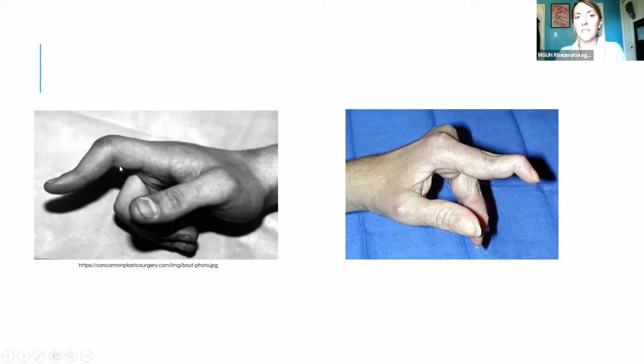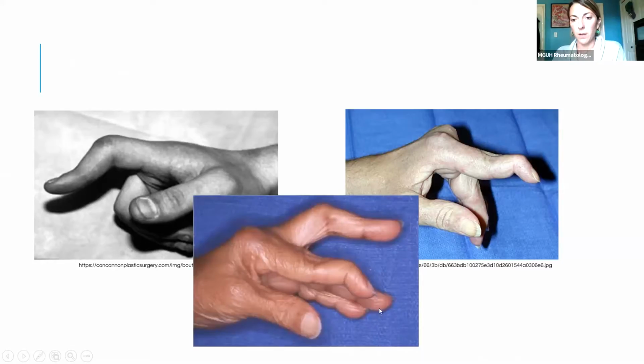You can imagine that this finger doesn't flex and bend normally. It's difficult to deal with. Same goes for a swan neck. It's the same process, except the tendon that normally would be along the top is slipping off the side up here, so it's pulled this way. And it's up too high here.